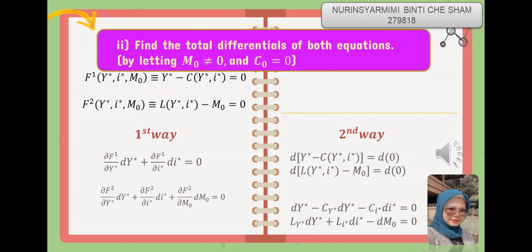For the second way, we just multiply them with d. So we will get dY star minus cY star dY star minus cI star dI star equal to 0 for F1. And for F2, we will get lY star dY star plus lI star dI star minus dM null equal to 0.